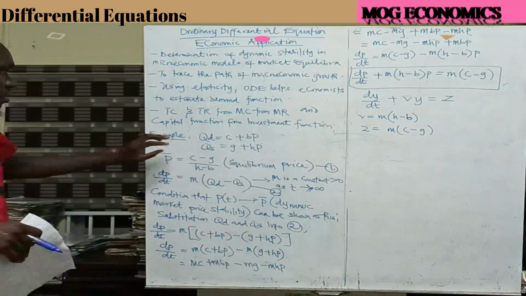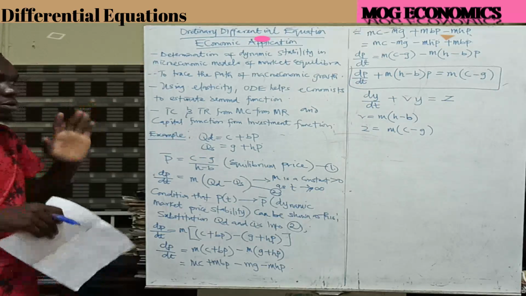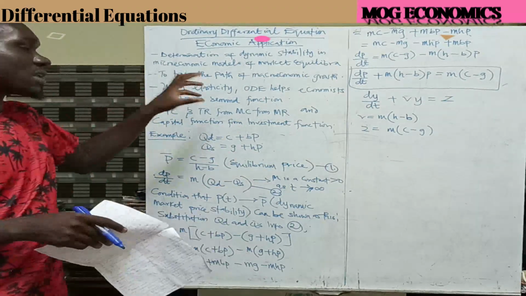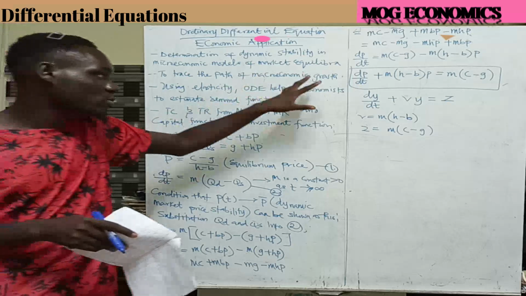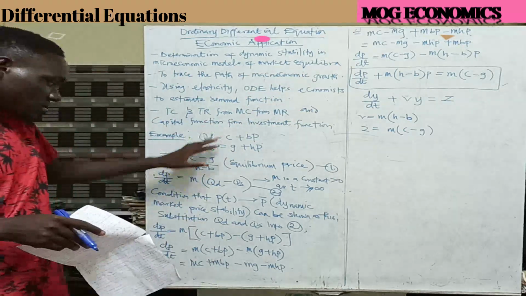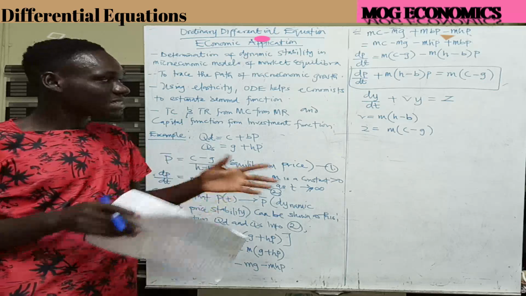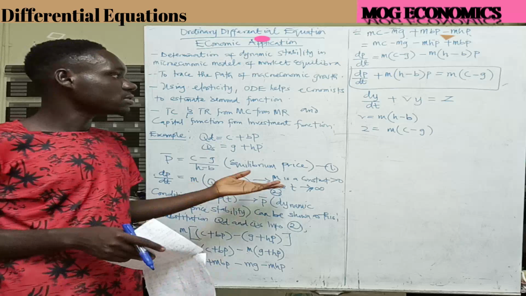We want to see if this market, now we said one of the key applications which we are going to be considering in this class is to test for the dynamic stability of a macroeconomic model of market equilibrium. So basically what we are going to do in this class is to test the dynamic stability of this market model for a particular commodity in this case.